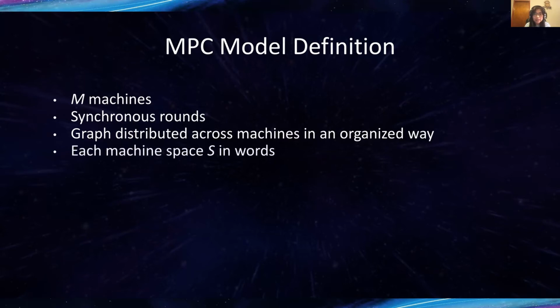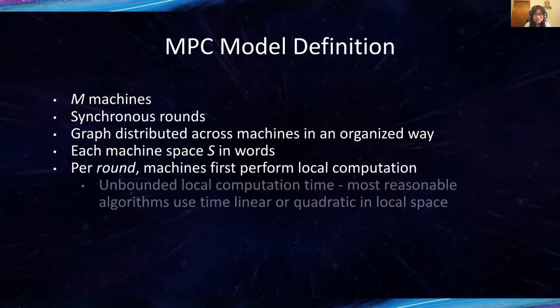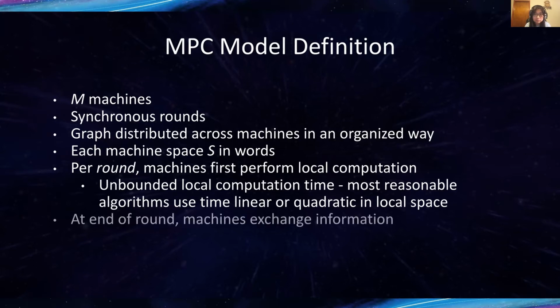Each machine has S space in words. During each round, each machine first performs computation locally. Each machine can use unbounded computation time, but most reasonable algorithms will only use time that is linear or quadratic in the space of the machine.